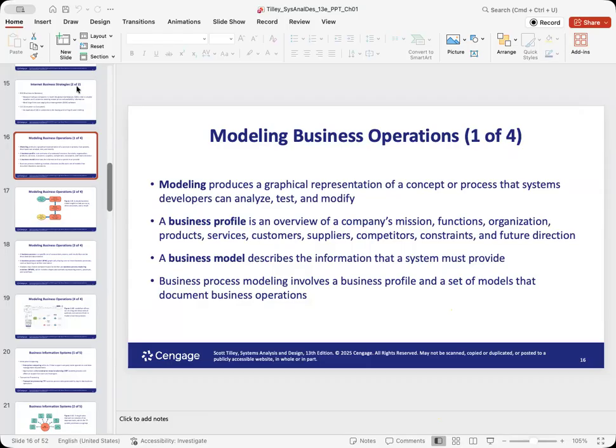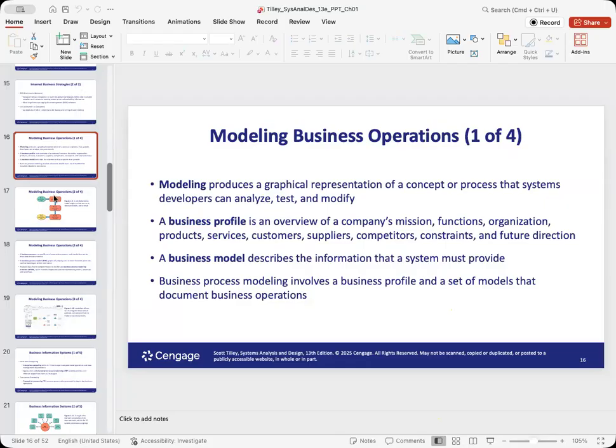Those operations that you document go under what you call the BPM, which is the business process model. We'll go deeper into it in the later slides so that you understand. For now, I'm just giving the definition; you may not get the entirety of it, but as we describe it, you get to understand. There are processes that you document under the business process model. That's BPM, so get familiar with the acronym. It involves a business profile and a set of models that document business operations.